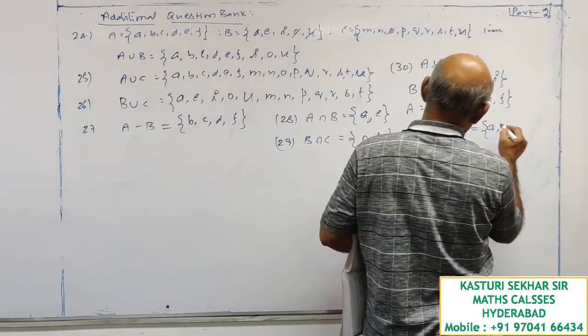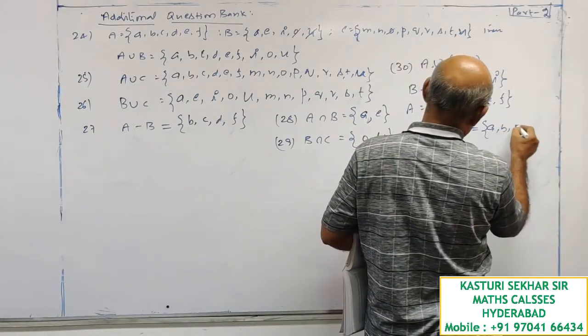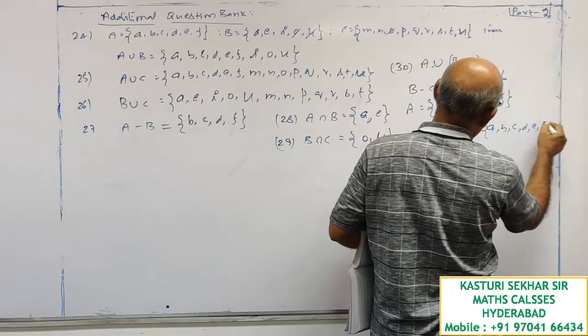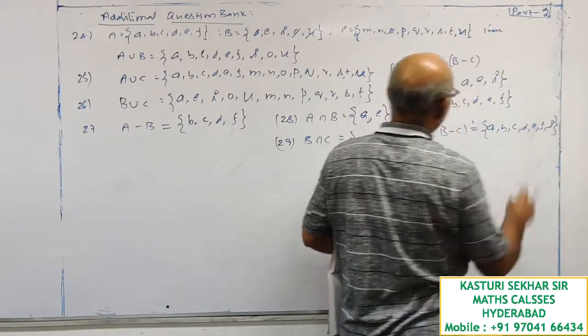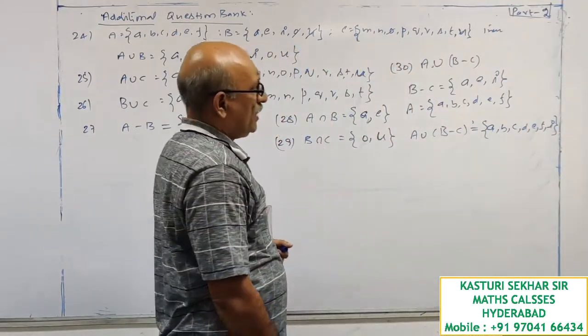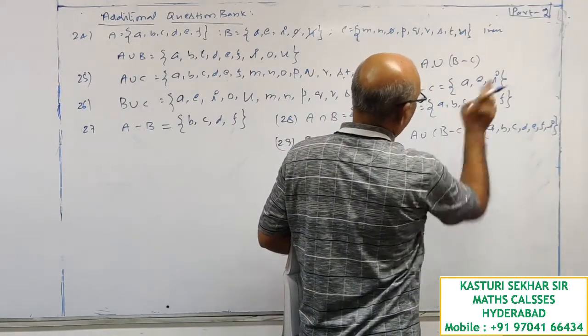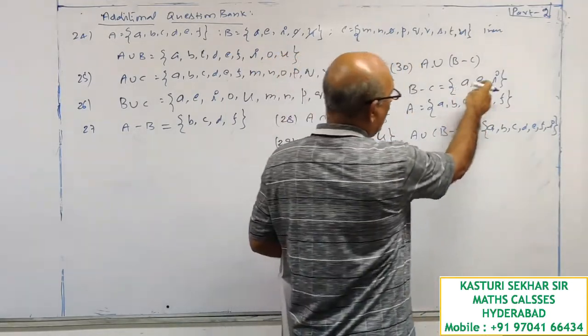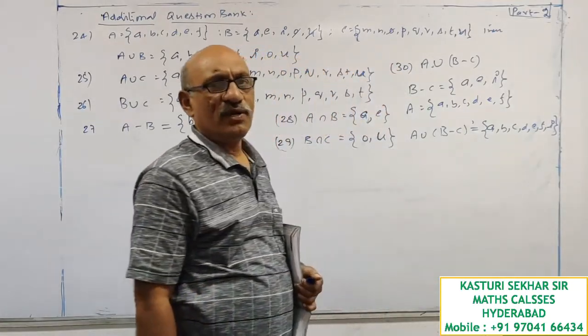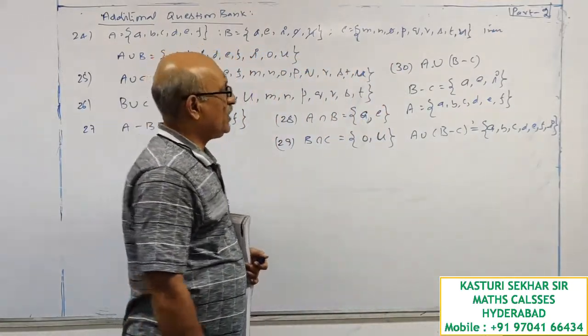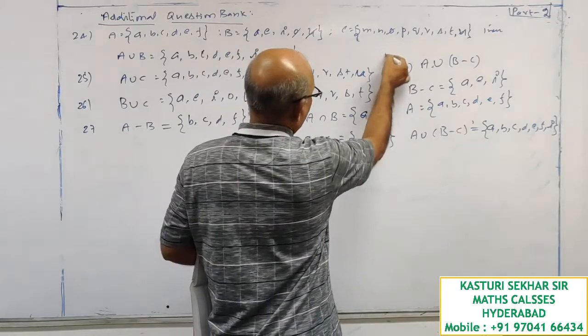So a, b, c, d, e, f, i. a and e are common for both, so one time only it is written. So this way you have to take up this question.